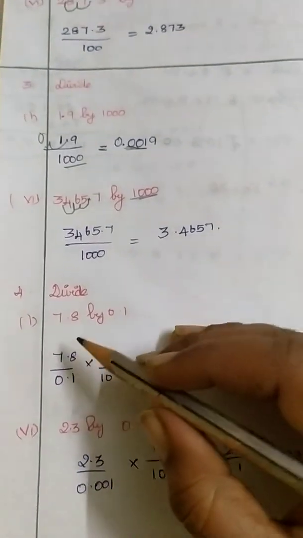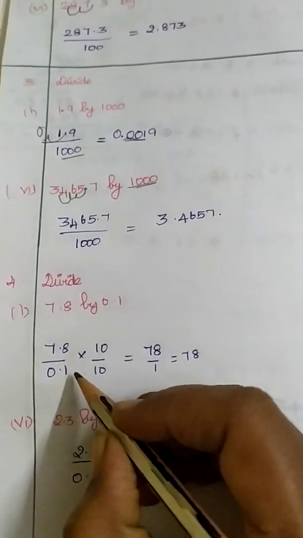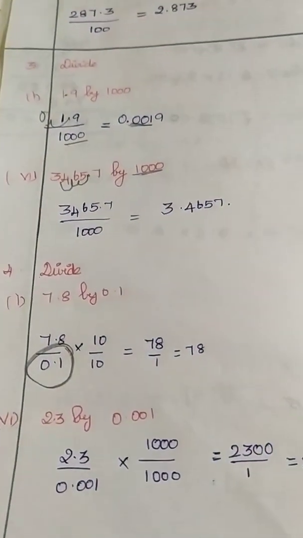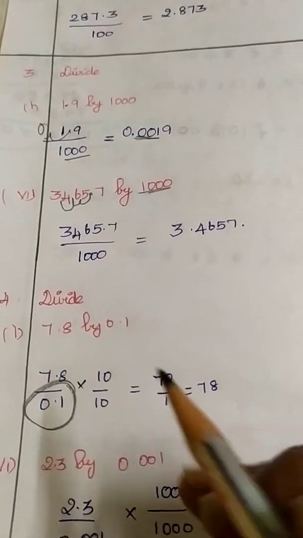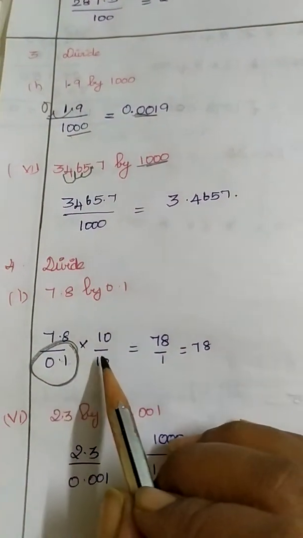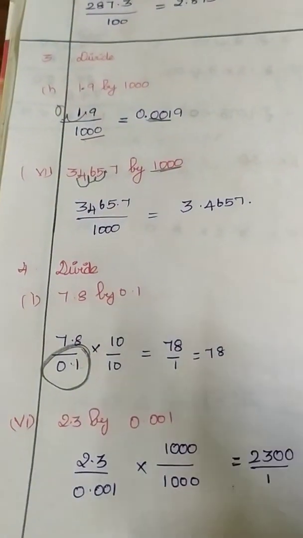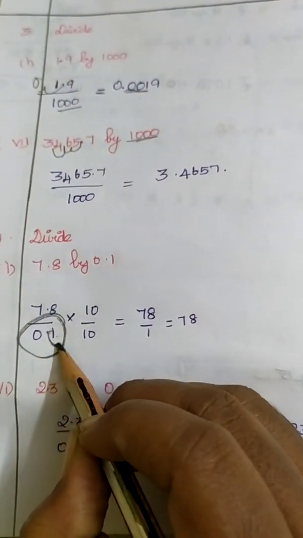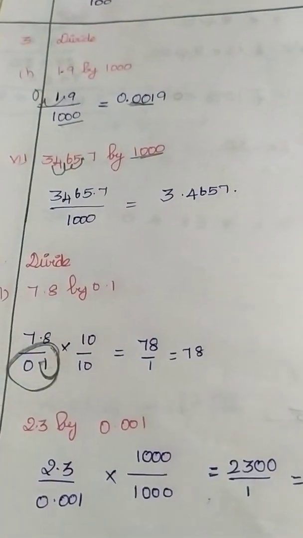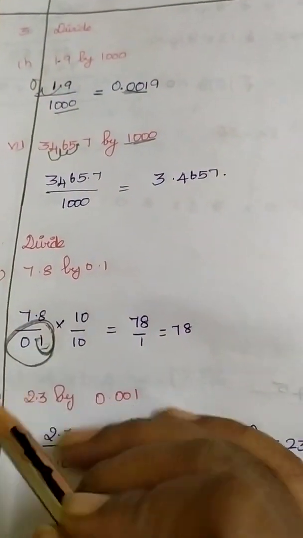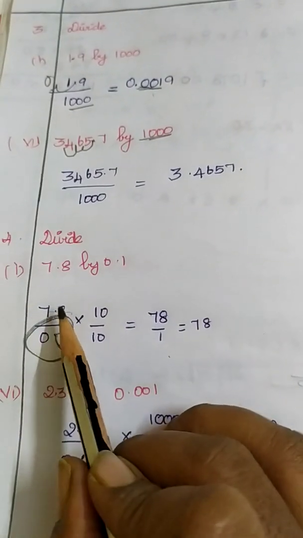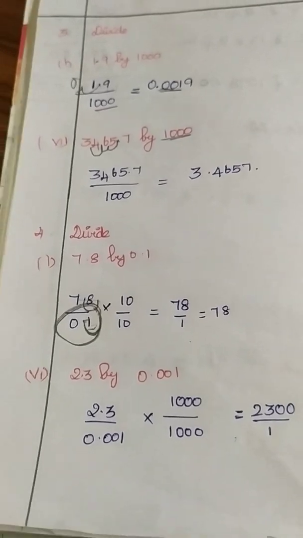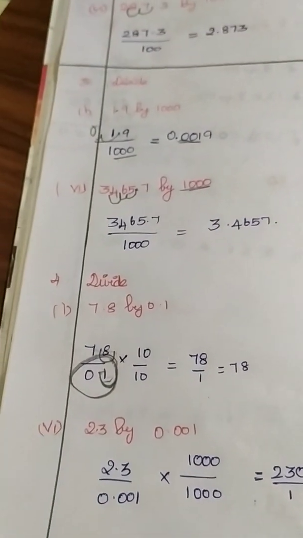Problem number 4. 7.8 by 0.1. When you have a denominator with a decimal point, you have to remove it. If you have 1 digit after the decimal, you will be multiplying by 10. 2 digits after the decimal place means 100. So when you multiply, the decimal point will move 1 step towards the right. Multiplication moves towards the right. So the decimal point will vanish and it will become 1. When you multiply by 10, it is 78. 78 divided by 1 is 78.